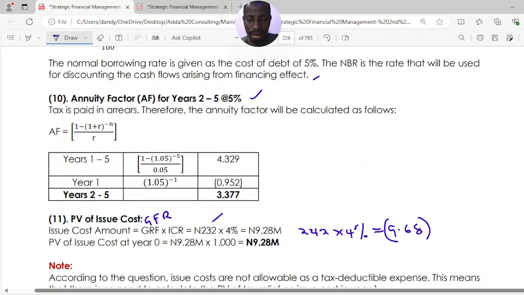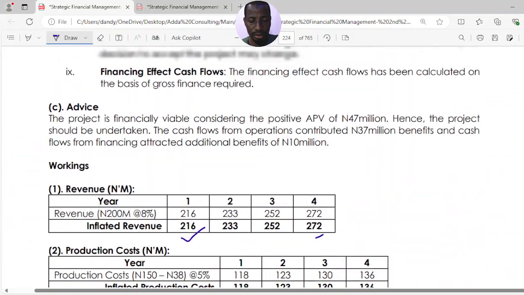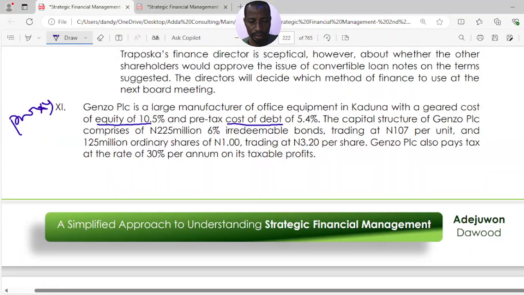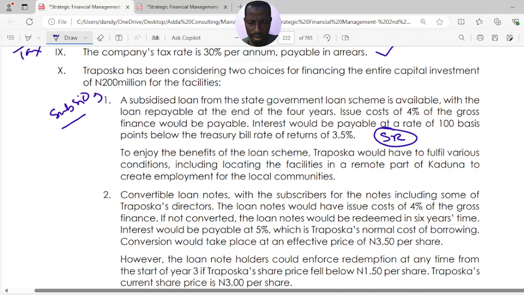So examiner has told us that we should assume that there's no tax benefit in year 1. Let's go back there to pick the information where we are told that there's no tax benefit in year 1. I told you the information is vital.